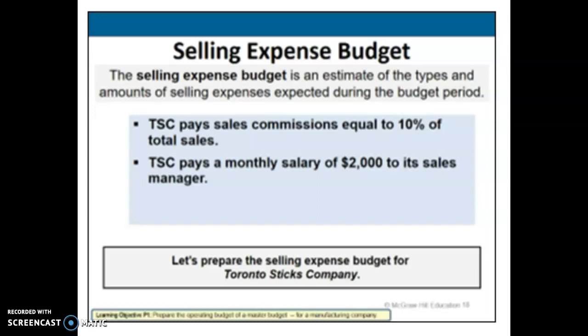We're going to use a sales budget to prepare a selling expense budget for Toronto Sticks Company. Sales commissions are going to be variable based on 10% of sales revenue. The sales manager salary is a fixed expense of $2,000. Sometimes other common expenses that we might see include advertising, delivery expenses, and marketing expenses.